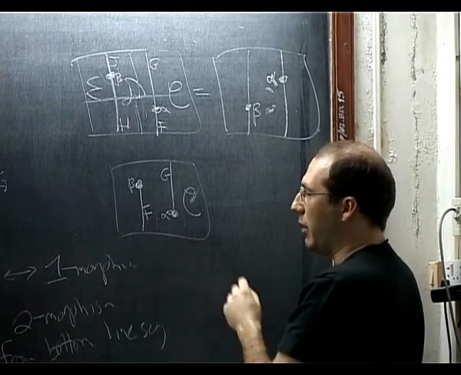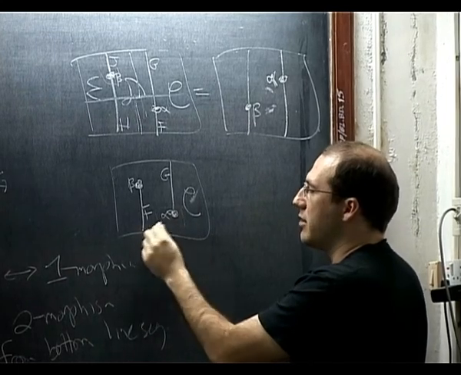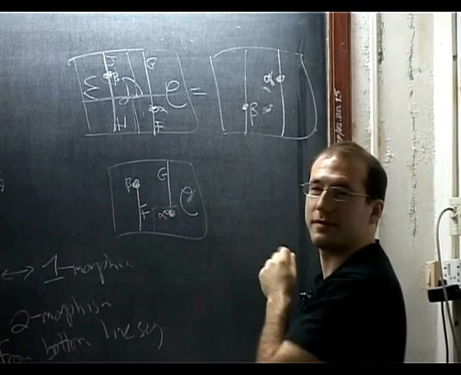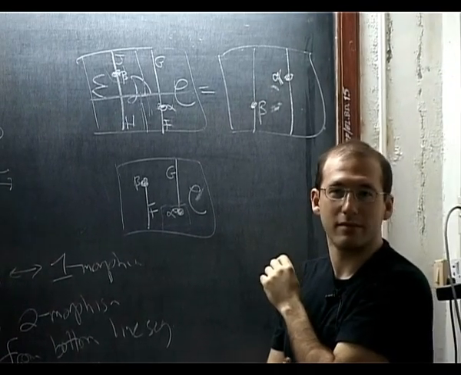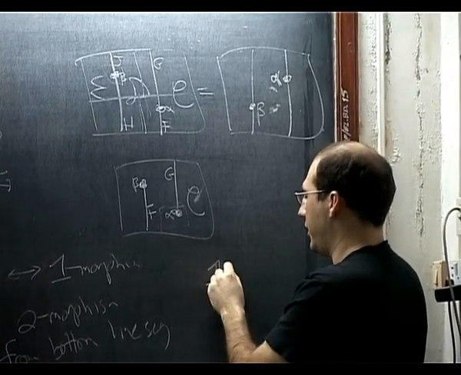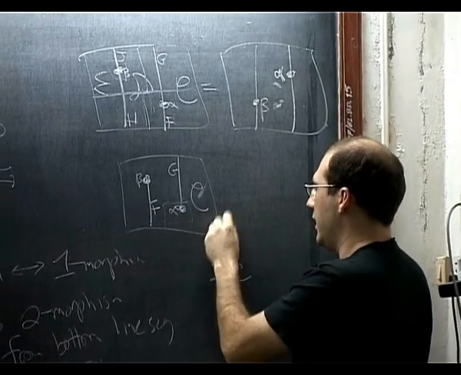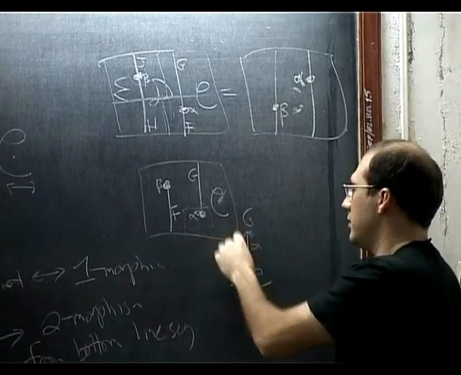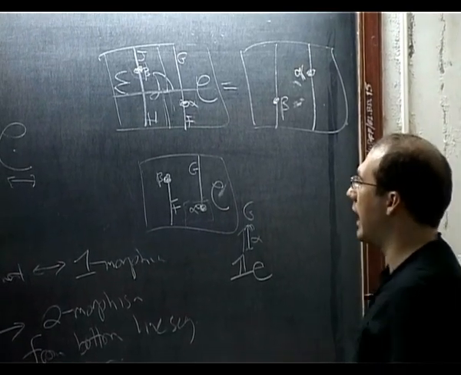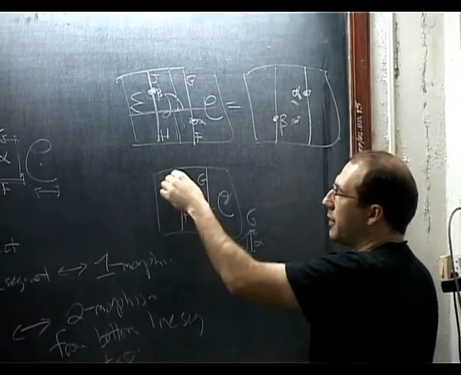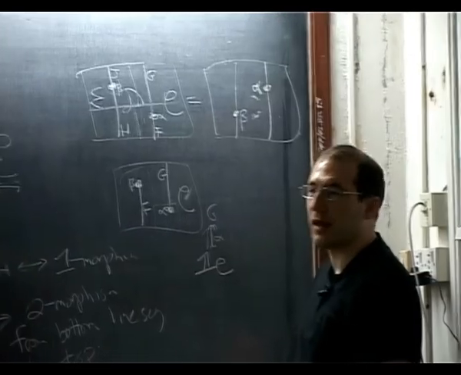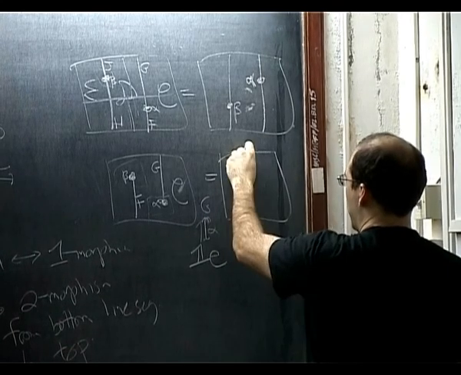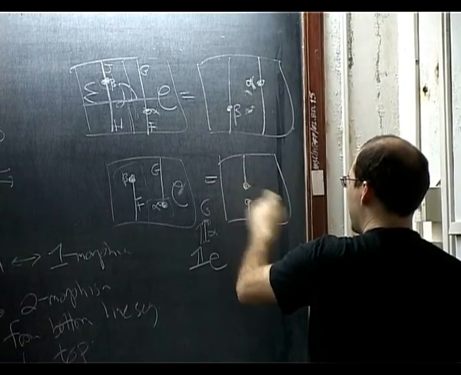Well, it's some map from the identity one morphism of C to G. So this is a map from the identity one morphism of C to G. This is what alpha does. Okay, or two morphism. And this is some two morphism from F to the identity one morphism of C. And the claim, one of the axioms of a two category, is that we can slide these around.